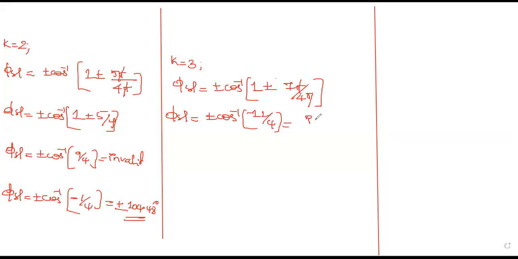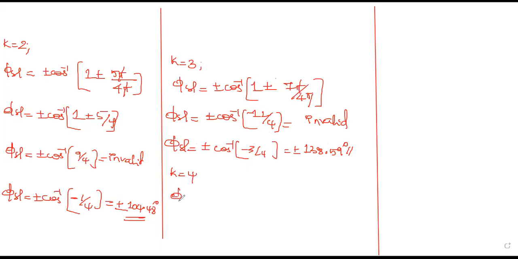This is again invalid. Find the next one: plus or minus cos inverse of 1 minus 7 by 4, it is minus 3 by 4. What is the value? 138.59 degree. Others, you're getting the same value? Yes, ma'am. Okay. Now go for k is equal to 4.